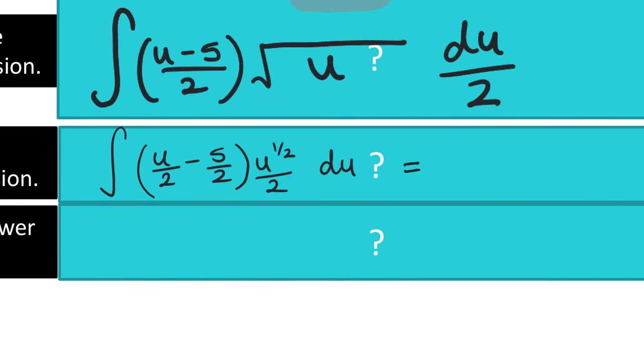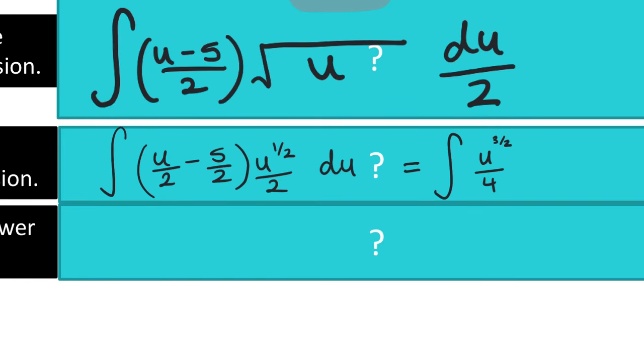So this then equals the integral of u over 2 multiplied by u to the half over 2, which is u to the power of 3 over 2, because we add the powers, over 4. Guys, from this point out, this is pure 1, even GCSE.